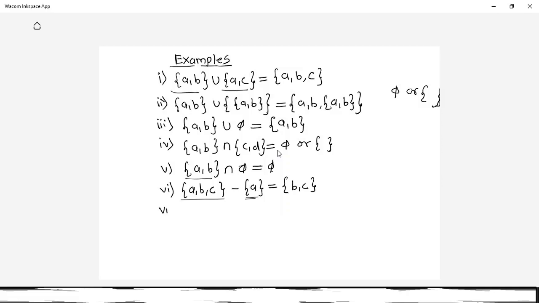Next, {A, B, C} minus {A, D}. Again it's set difference, elements of the first set which are not in the second. It will have {B, C} only.